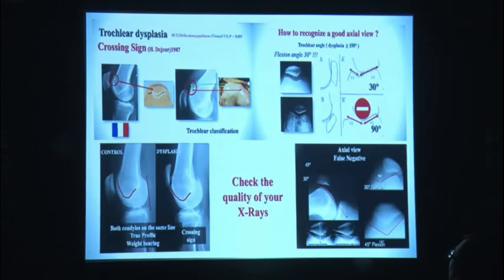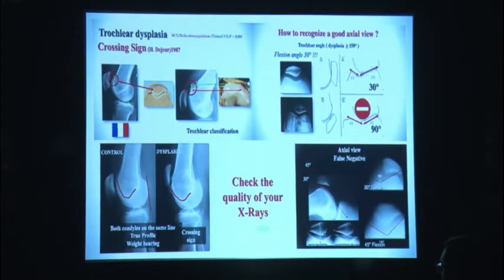So the trochlear dysplasia will be defined by some different signs on X-ray. The first thing is to check how the X-rays have been done. Always check that you have a true sagittal view, both condyles on the same line. If you don't have that, you cannot really look at the trochlear dysplasia.